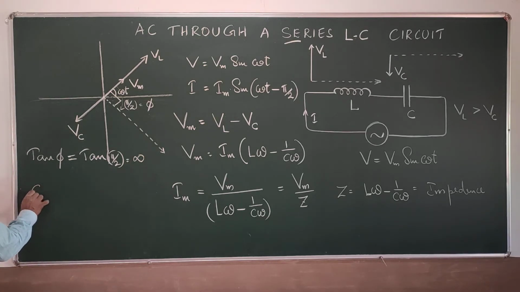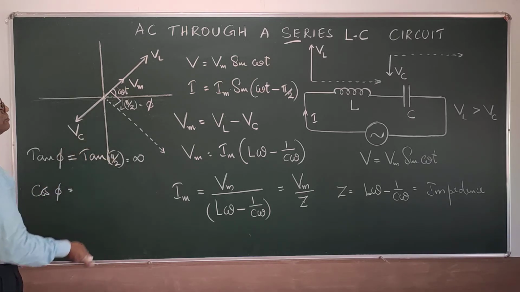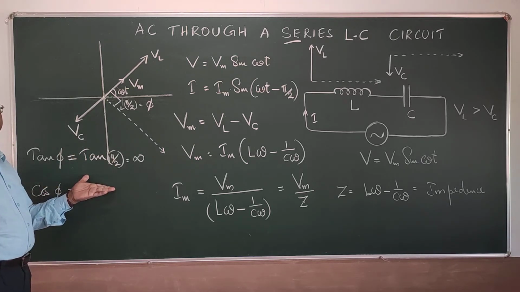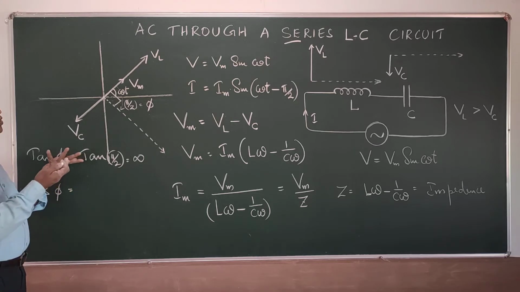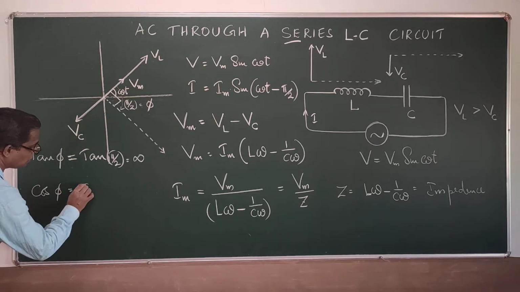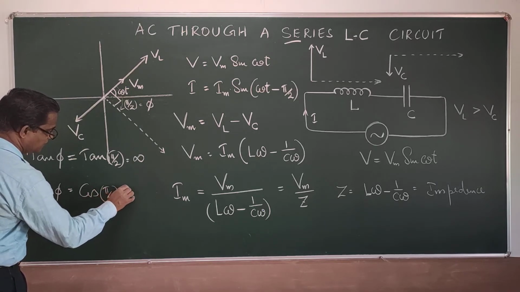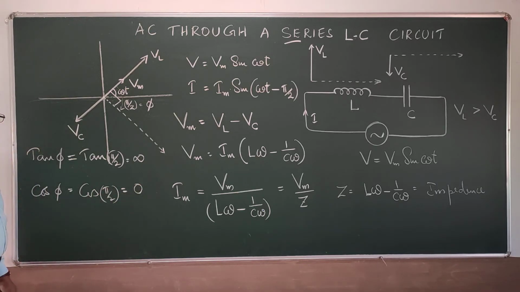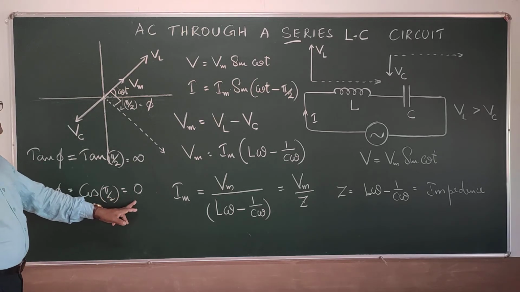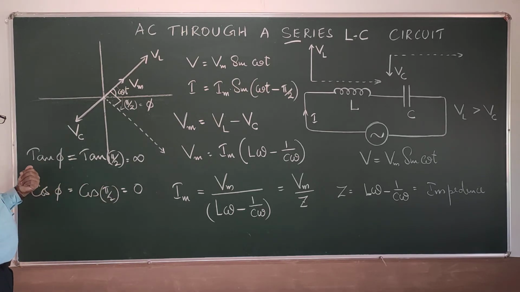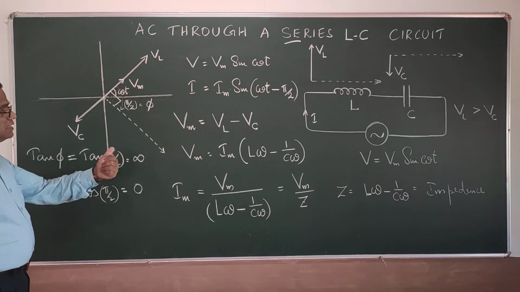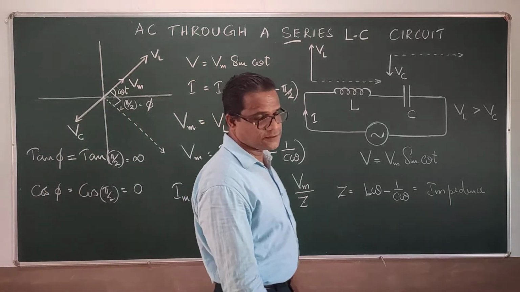Like that, cos phi, if I take adjacent side by hypotenuse, with phi equal to pi by 2, cos pi by 2 means 0. So the power factor is 0 and tan phi is infinite in this case.